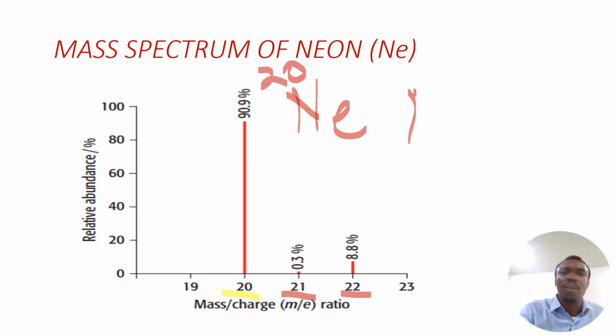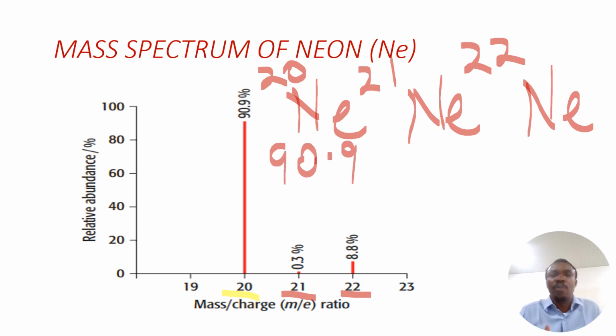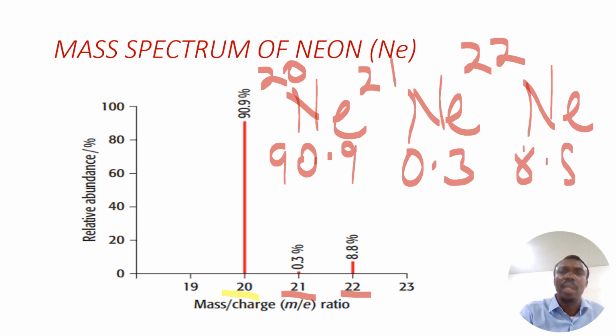Then you have neon 21 and neon 22. The relative abundance of neon 20 is 90.9%, which is the highest relative abundance. Then neon 21 is 0.3%, and neon 22 is 8.8%.